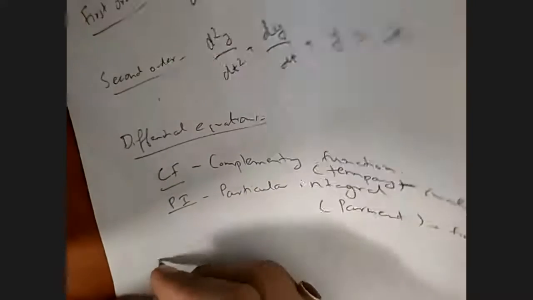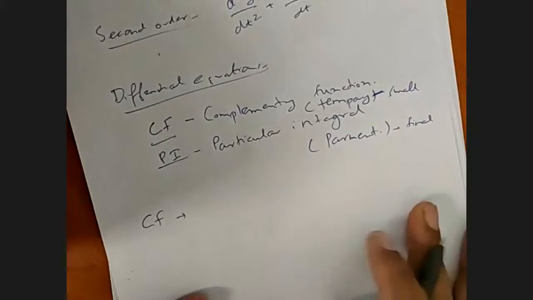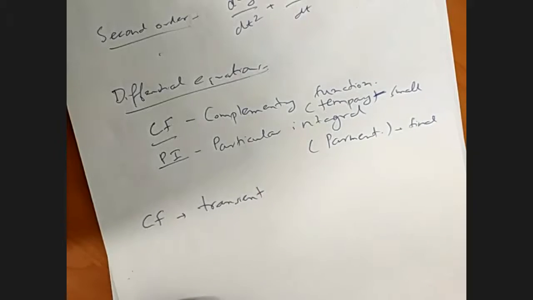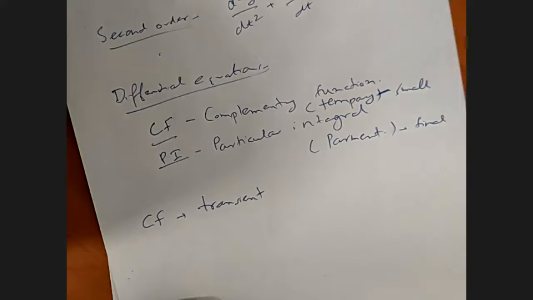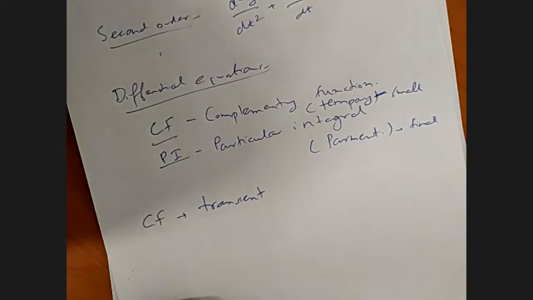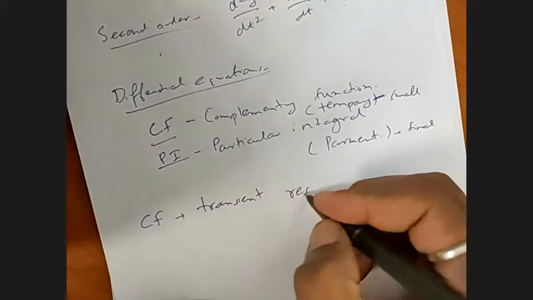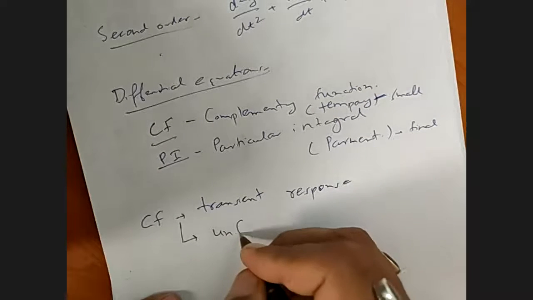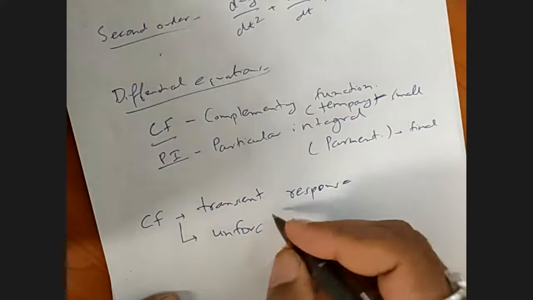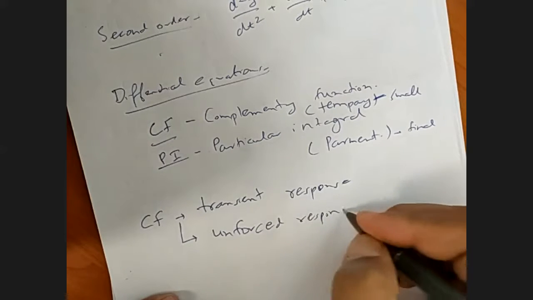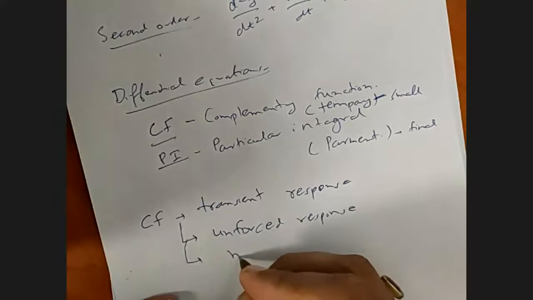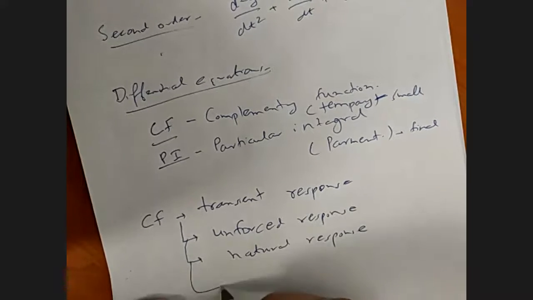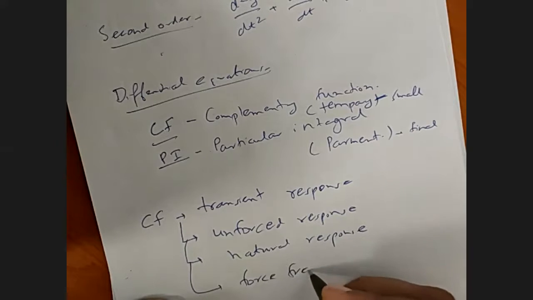So when we are talking about CF, it can be indicated as transient response, or it is known as unforced response, or natural response, or force free response.